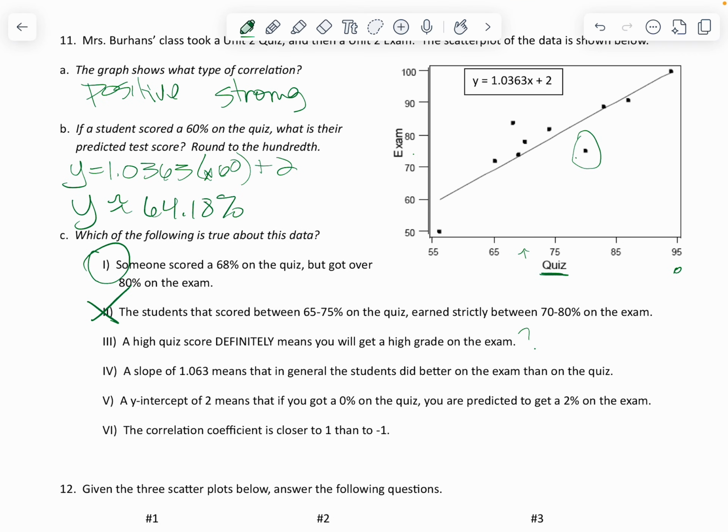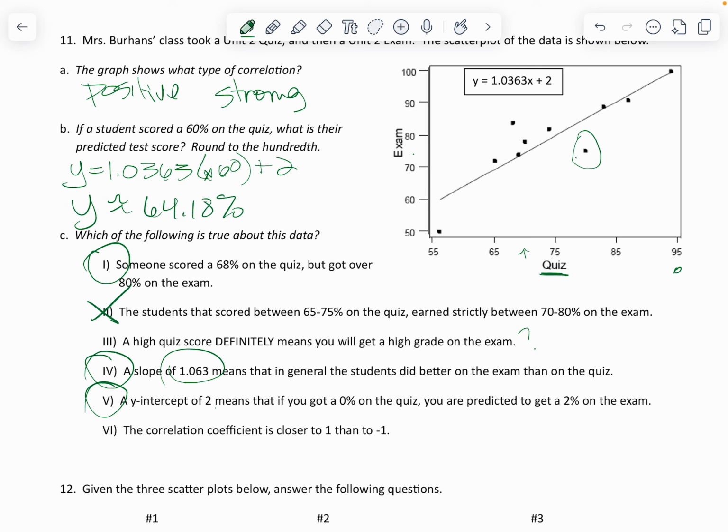Then the next one says a slope of 1.0363 means that in general did better on the exam. Oh, because it's positive? Yes. A y-intercept of 2 means that if you got 0%, yes.